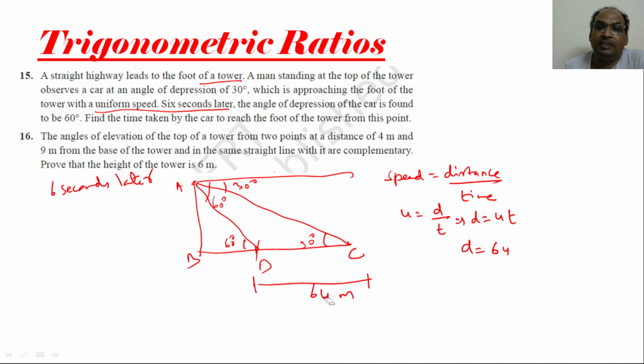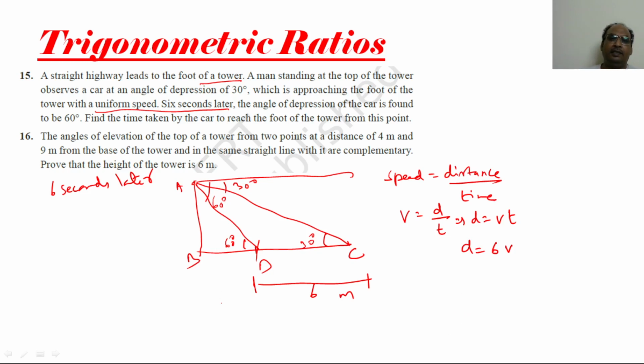It looks like v, so I will write it as v, velocity. So now we need to find the time taken by the car to reach the foot of the tower from this point. Okay.